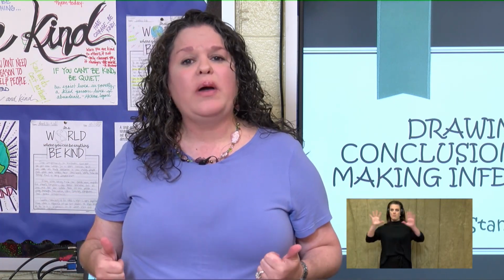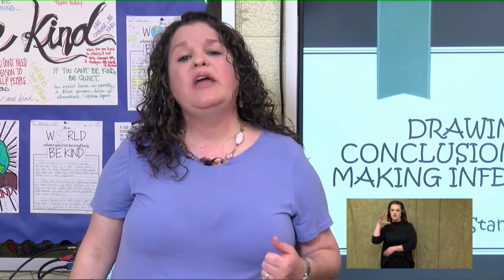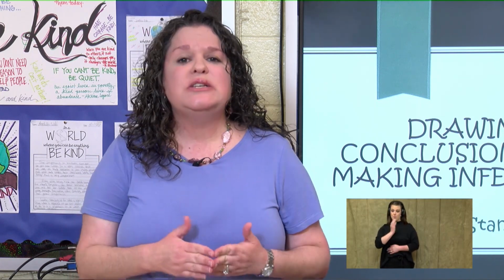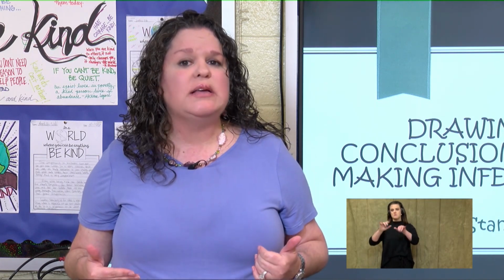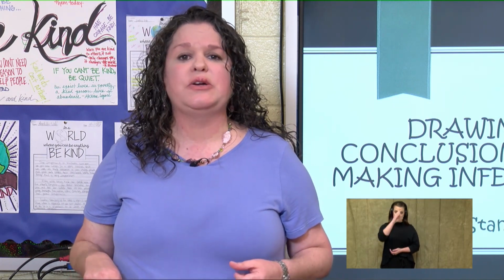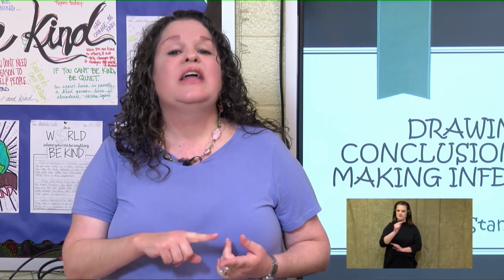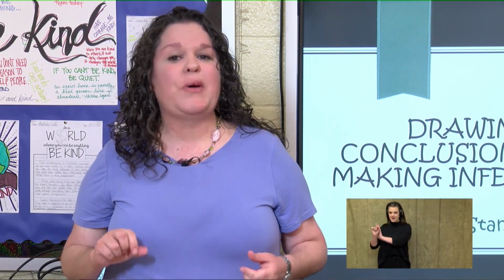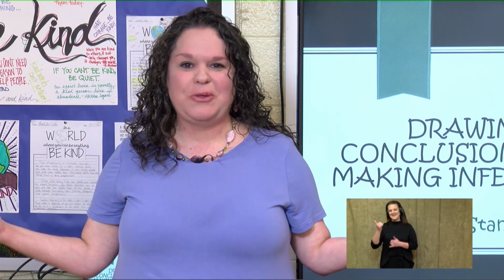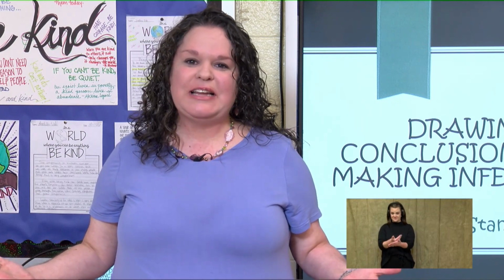So that is called drawing conclusions and making inferences. We have been looking at this standard for quite some time now, just over the last couple weeks. And not only that, boys and girls, but you've covered this standard in kindergarten, first, second, third grade, and now into fourth quarter. So this is not new to you, boys and girls.